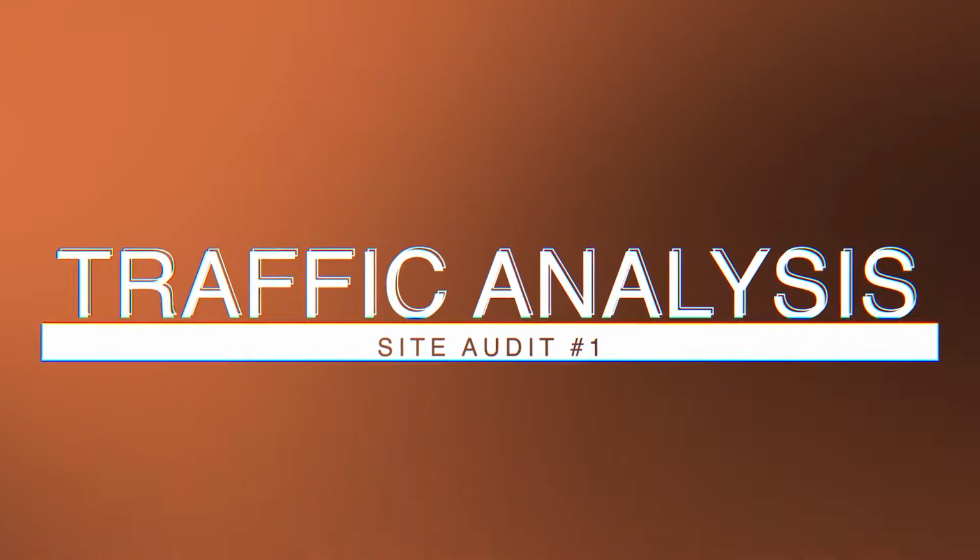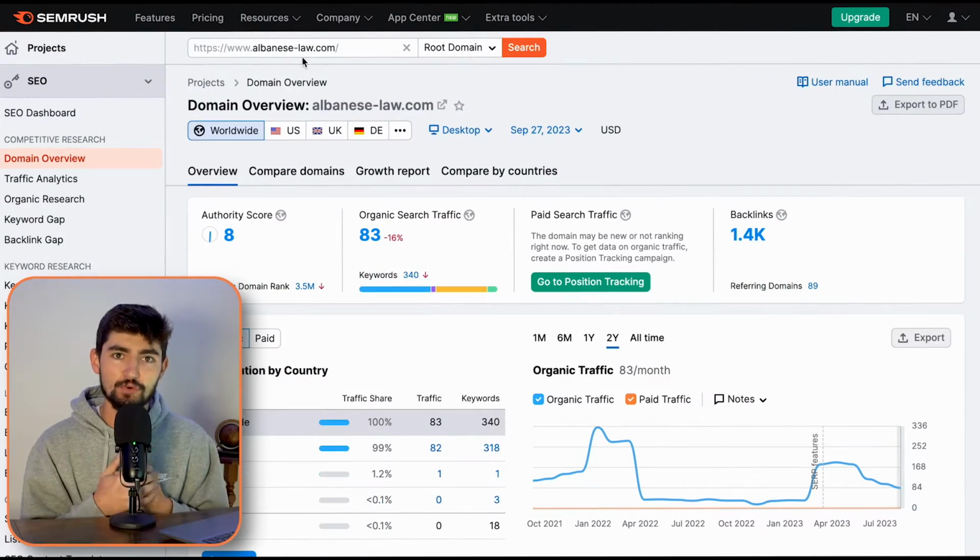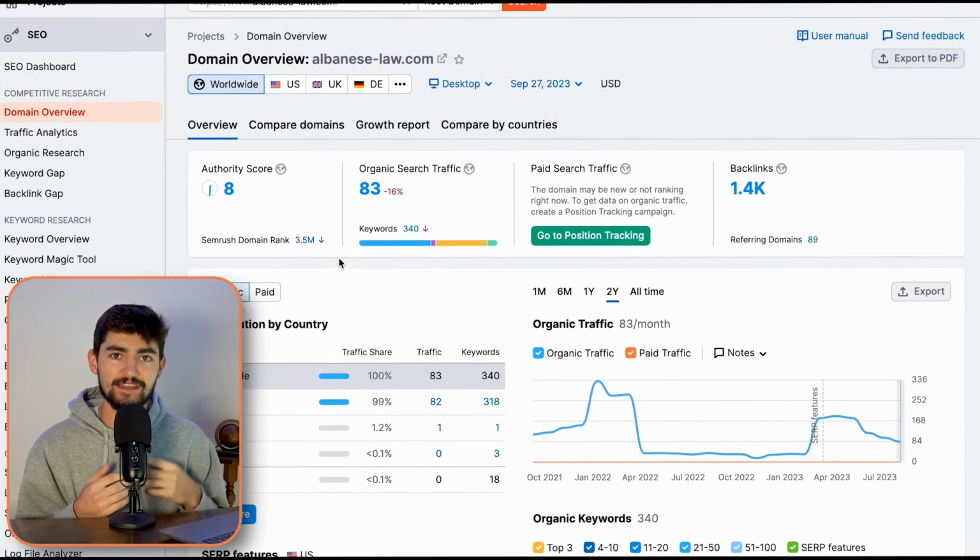So the first thing I like to dive into is the traffic analysis, because this is probably one of the first things that a business owner is wondering: how many searches is my website even getting and where are the people coming from? And so I use Semrush, which is a tool that can get a ton of data based on a website's keywords and traffic.